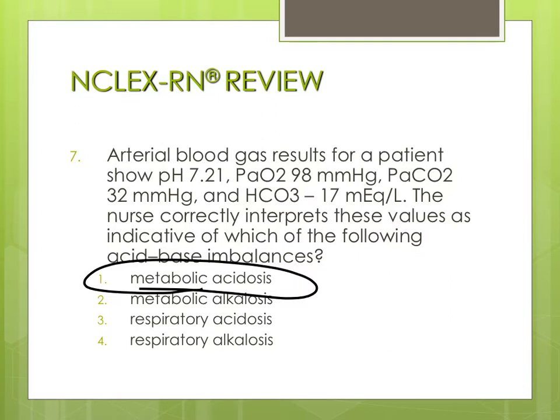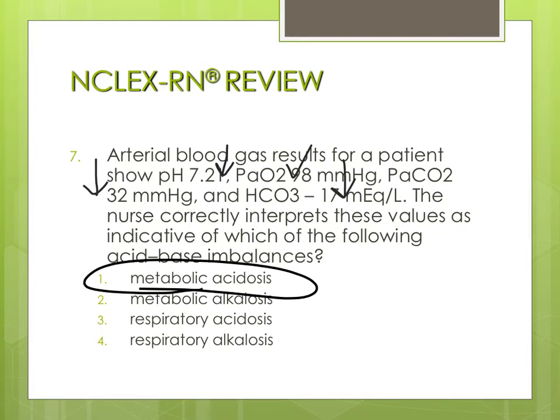Okay, so looking at this, we're going to draw arrows. We have a pH of 7.21. That's low. We have a PaO2 of 93. Hey, that's good. We have a PCO2 of 32. Remember, it's 35 to 45. That's low. We have a bicarb of 17. That's low. I'm going through ROME.